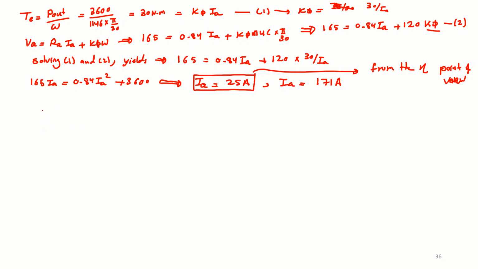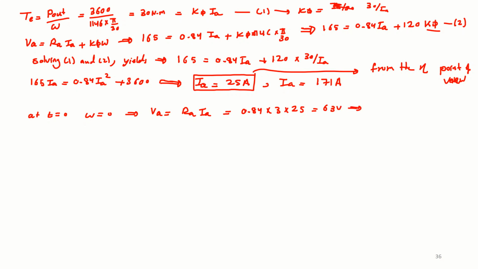So if we need to calculate the alpha A, let's start at t equal to 0, omega is equal to 0, and simply VA will equal RA IA. So this will equal 0.84 multiplied by 3 multiplied by 25, and this will equal 63 volt.